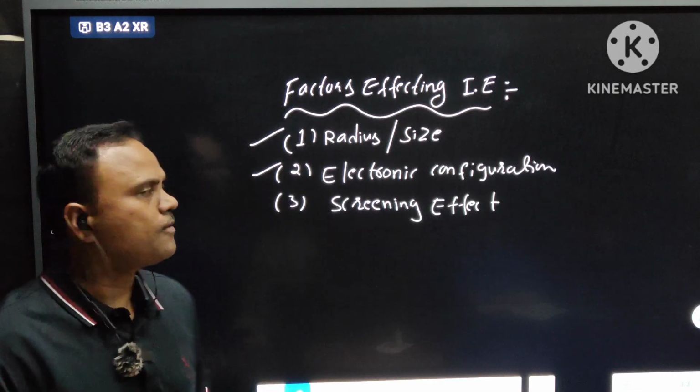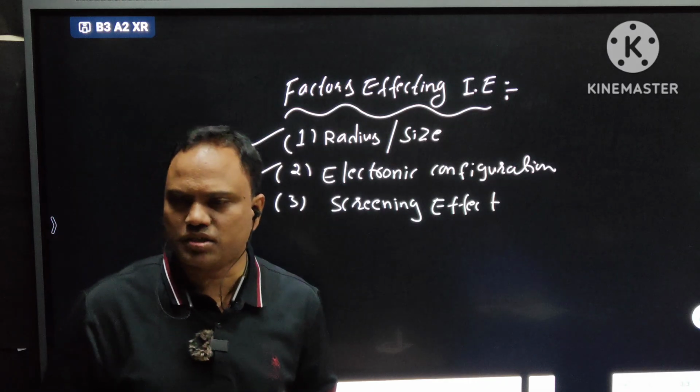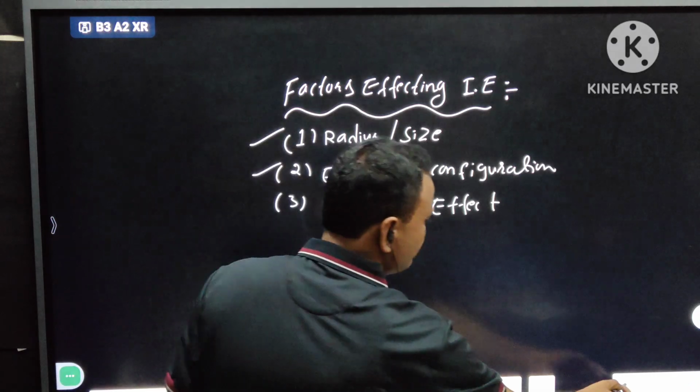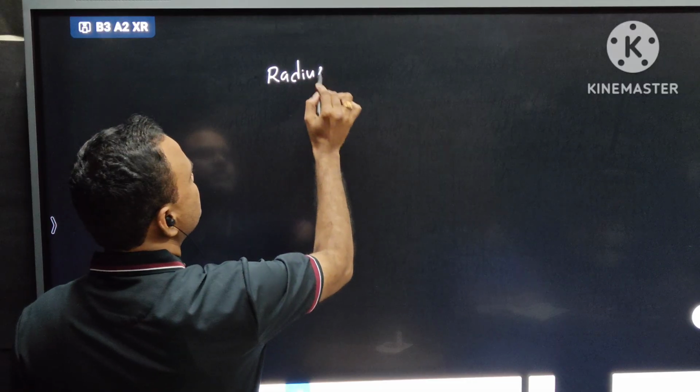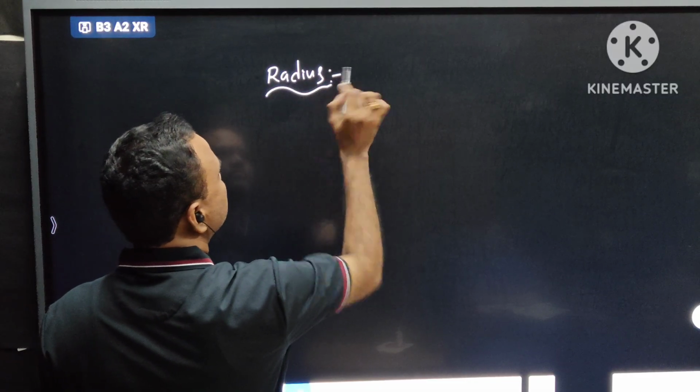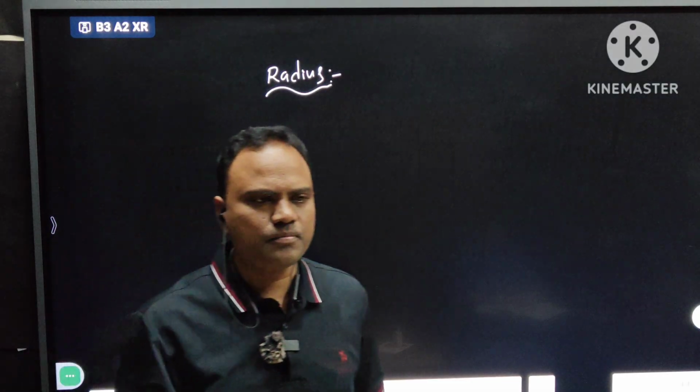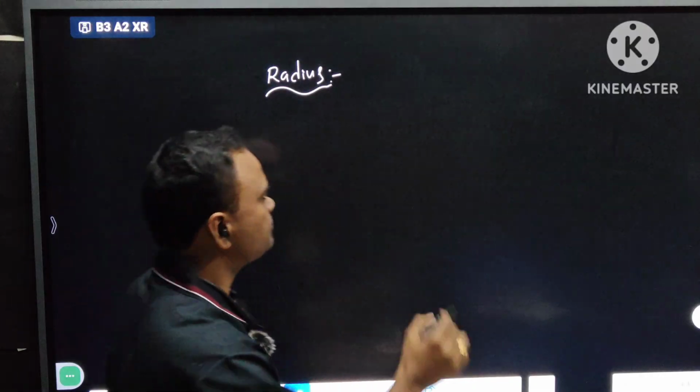First factor, radius. How does radius affect the ionization energy? I'll take one smaller atom and one larger atom.